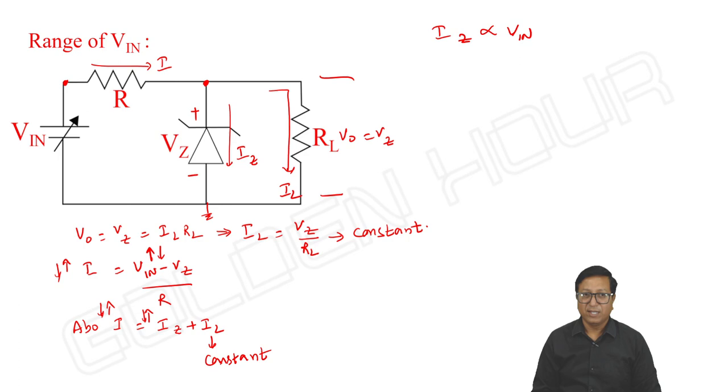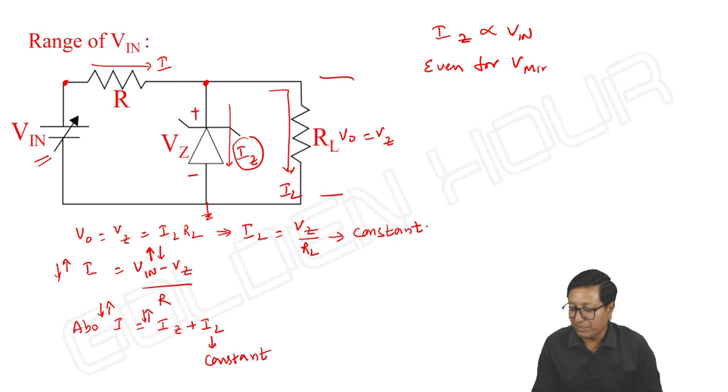So I can reduce the input such that even for the minimum value of input, the current through the Zener diode should not fall below its neck current. That's it. So even for the minimum value of V input, current through Zener diode IZ should not fall below its neck current.